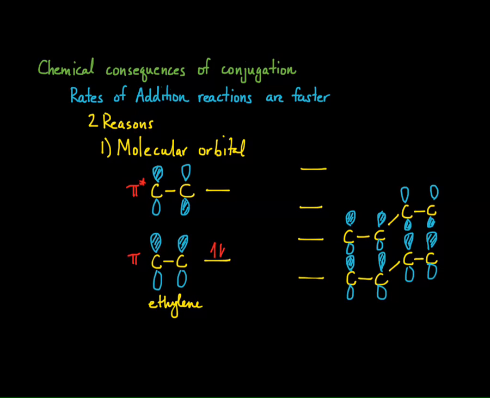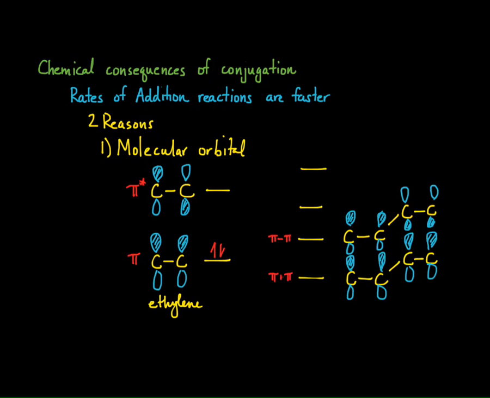The lowest bonding orbital is when all of the p orbitals are in phase with one another. The highest bonding orbital is when the C1 and C2 p orbitals are in phase, the C3 and C4 p orbitals are in phase, and there's a node between C2 and C3.